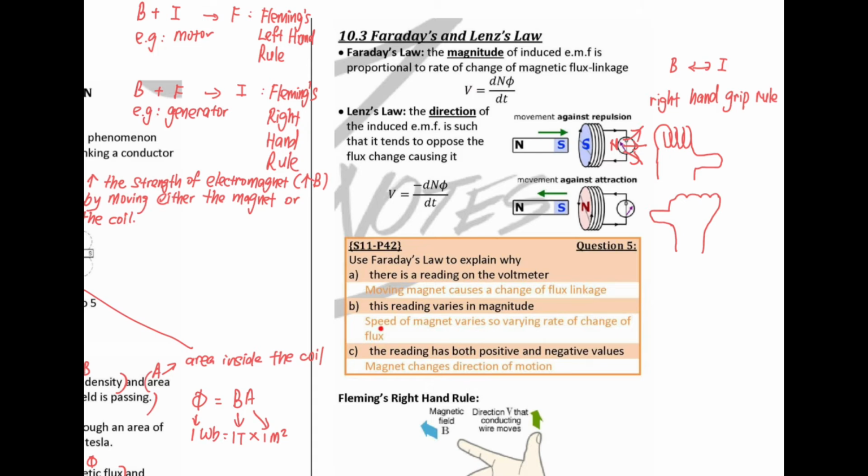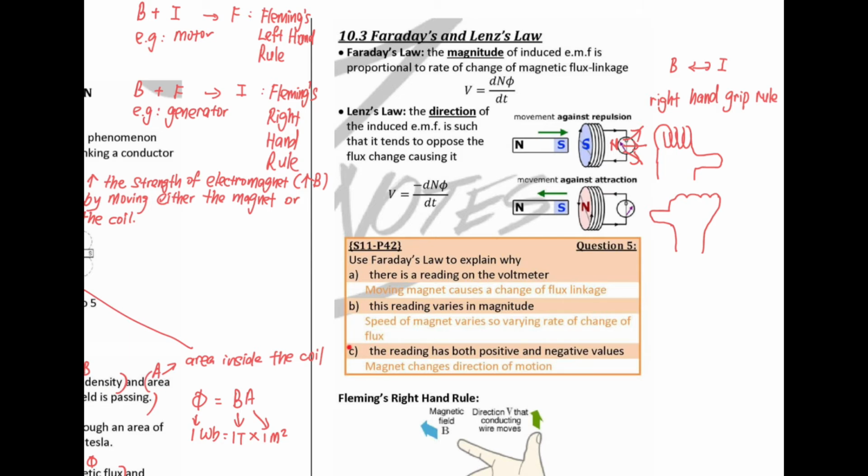So speed of magnet varies, so varying rates of change of flux. This and this is different. The first one, A: in what situation will it have a reading? If you move the magnet, it has a reading. If you move it fast, then the reading will vary quickly.